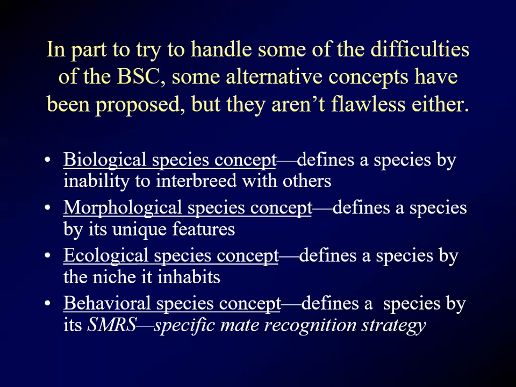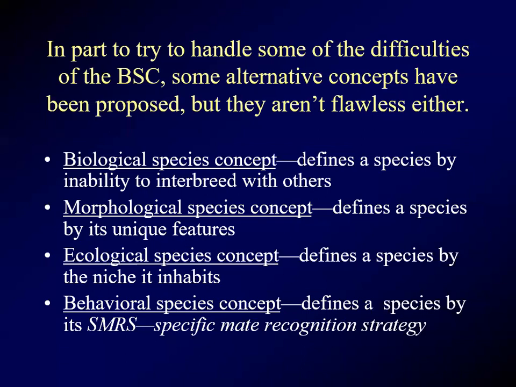The behavioral species concept does note that many species have very different senses than we do. So you might have two moths, let's say, that look identical, but looks are not what's important when you're a moth. Smell is. I don't know if you saw it on that hawk moth yesterday, but did you notice they've got big feathery antennas? Yes? Okay.